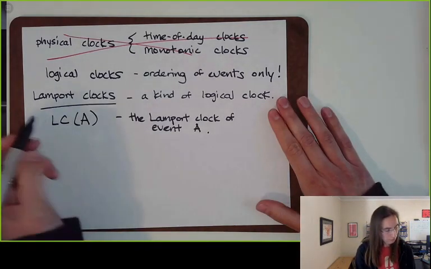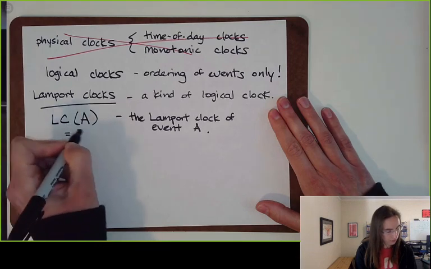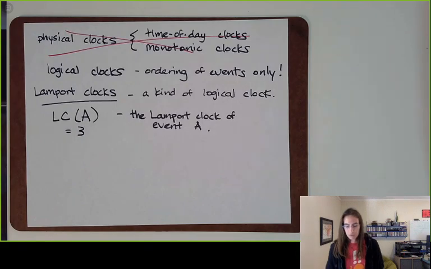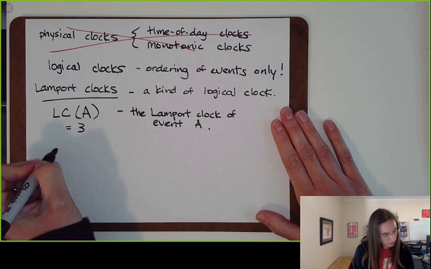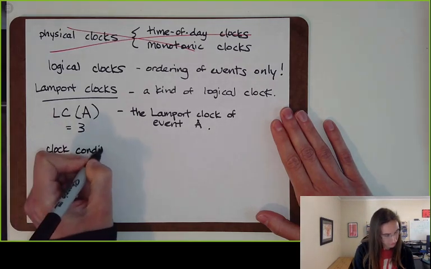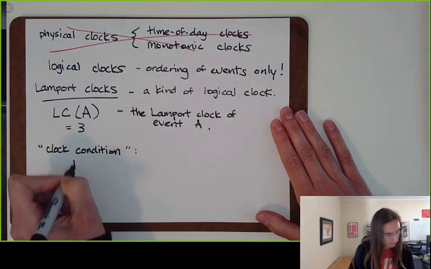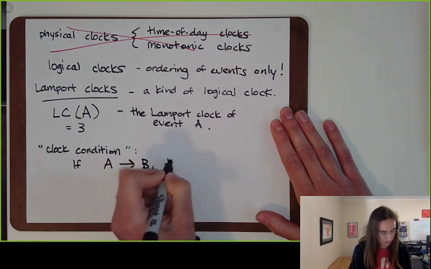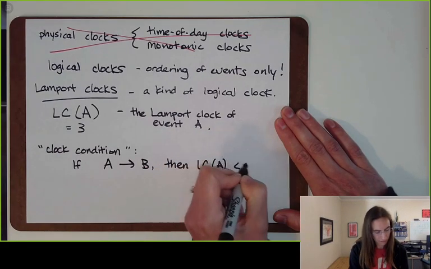So a Lamport clock might be 3, for instance. Let's say that the Lamport clock of A is 3. What does that 3 tell you? Well, here's the rule. This is called the clock condition. If A happens before B, then the Lamport clock of A is less than the Lamport clock of B.